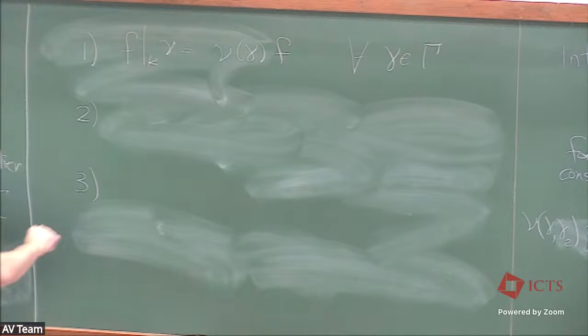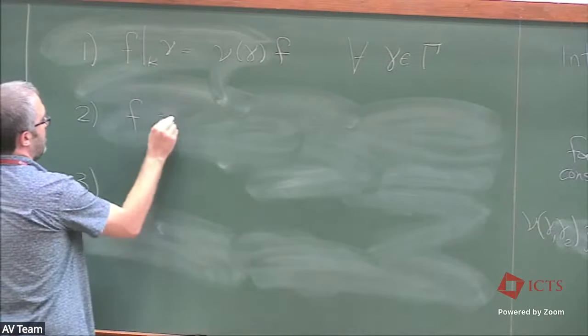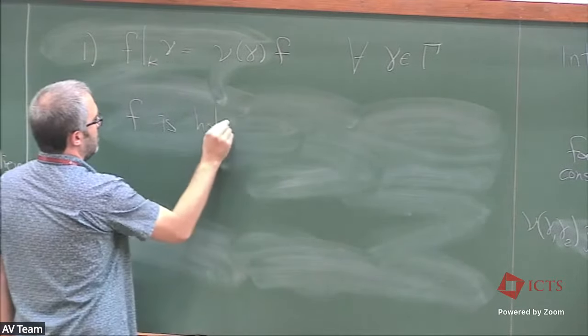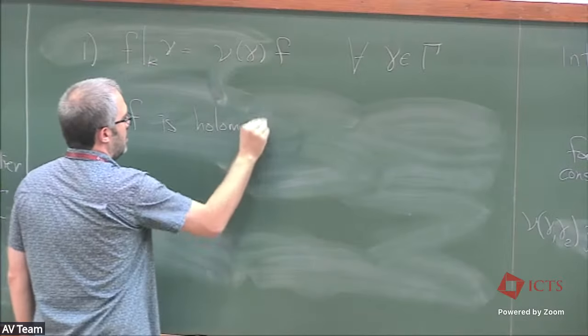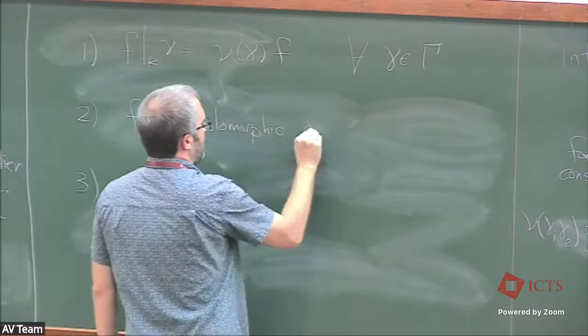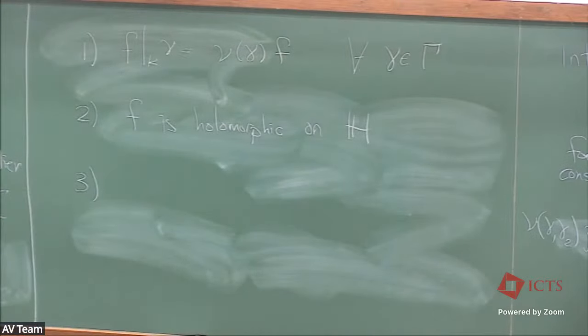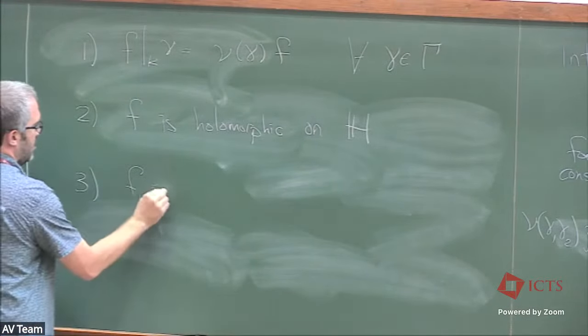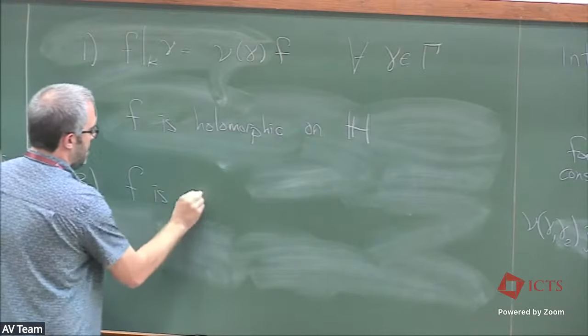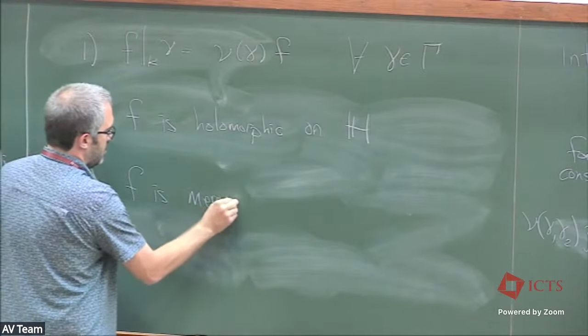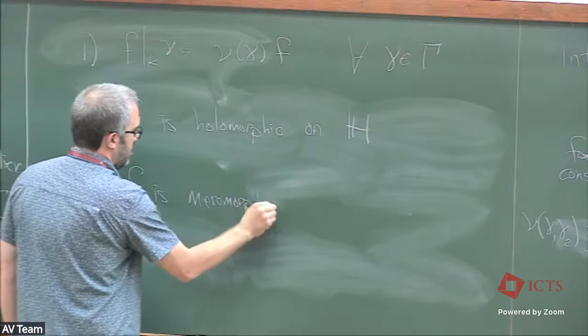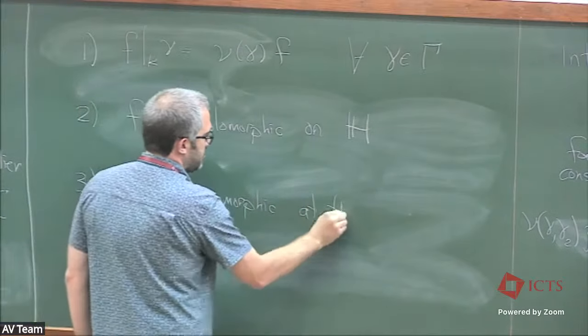But we also want a few other conditions. Number two is that f should be holomorphic or analytic on the upper half plane. And the third one is that f is meromorphic at the cusps.